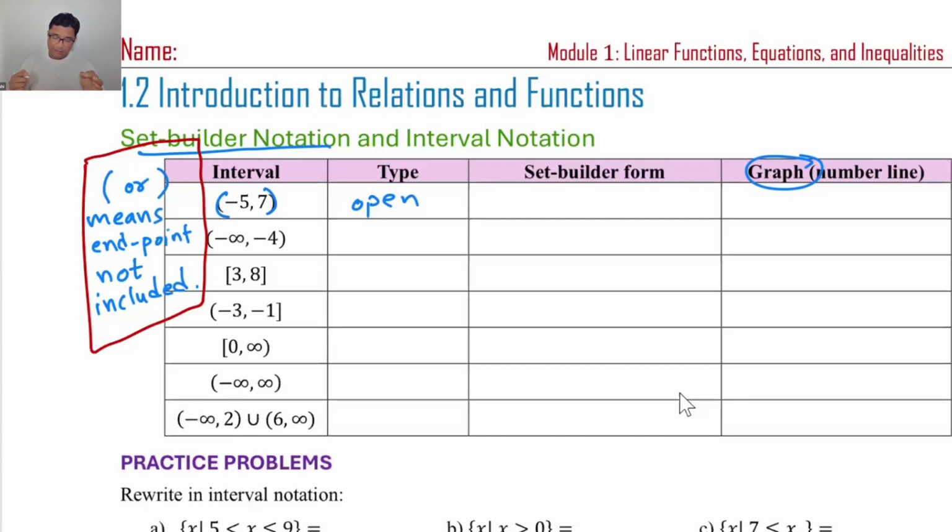So that means these are the numbers which are between -5 and 7, but not including -5 and 7. Therefore, in the set builder form, using the set bracket, we write it like this: x such that -5 is less than x, it is between -5 and 7, and x is less than 7.